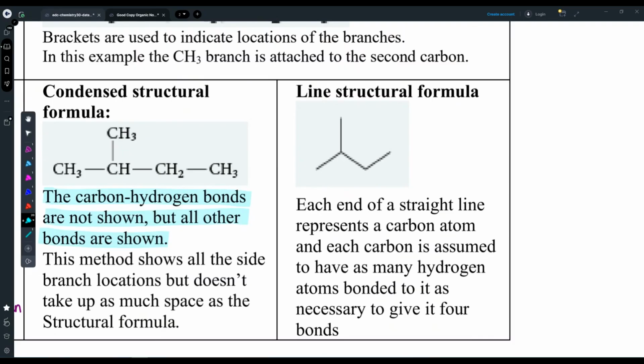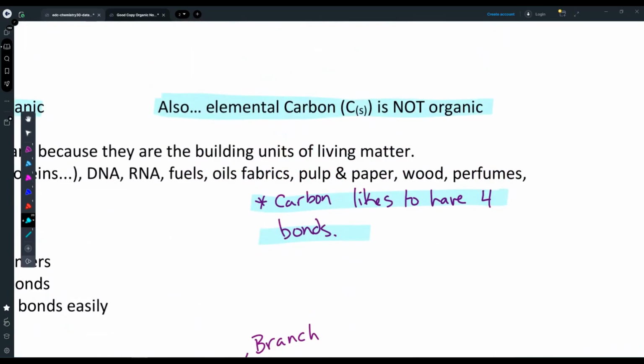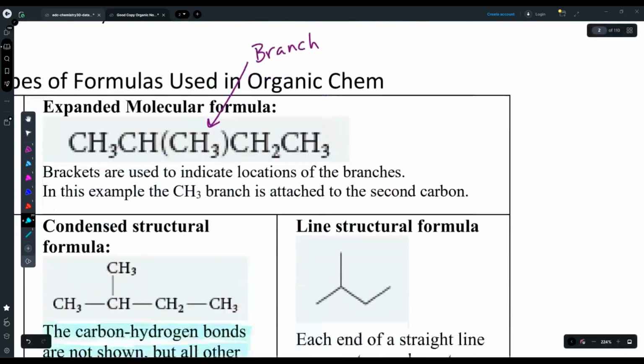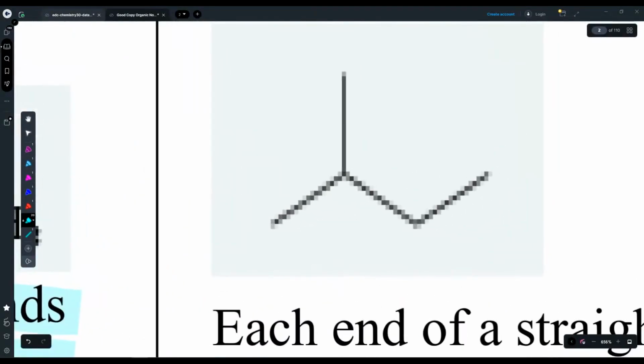So that's why it's incredibly important for you to know that carbon always likes to have 4 bonds. Okay, so what they're saying here is at the end of each line, or just where 2 lines meet, that's where you're going to have a carbon atom. So there's a carbon atom here, here, here, here, as well as here.